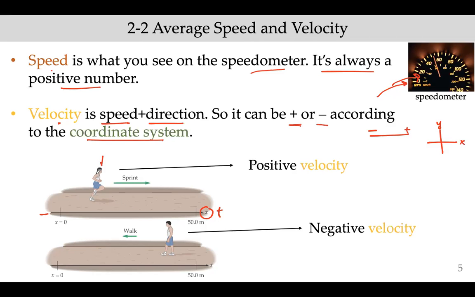So this person is running in the positive direction, so he has positive velocity. And here in the second figure, he is walking to the left, and left is again negative with respect to this coordinate system. So he has negative velocity. Again, the positiveness or negativeness depends on the coordinate system you choose. And if you flip the coordinate system, these definitions, positive and negative, will be flipped as well.